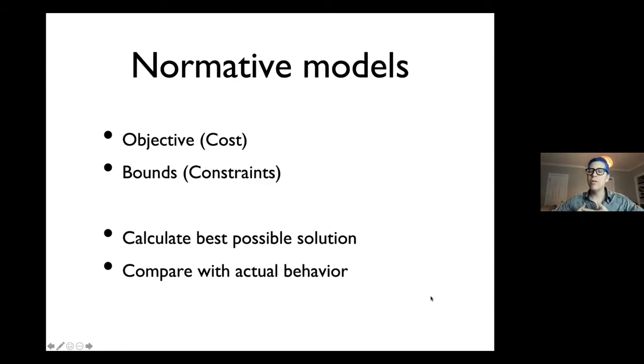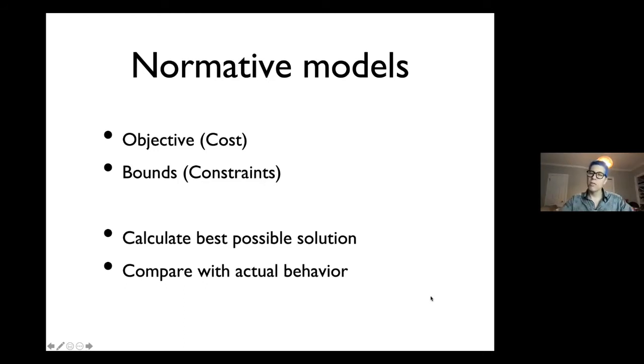And now, how do normative models work in practice? They try to calculate the best possible solution that we could have. Maybe I say, I have a simulation of walking, and how can I tune all the parameters of walking so that my walking minimizes the energy that I need to burn to get from one position to the other.